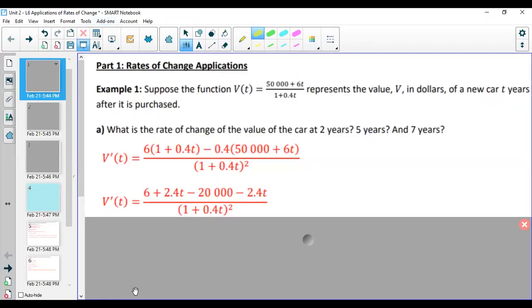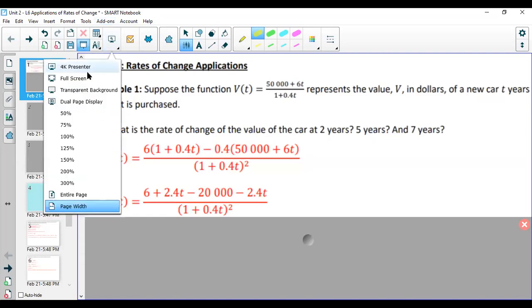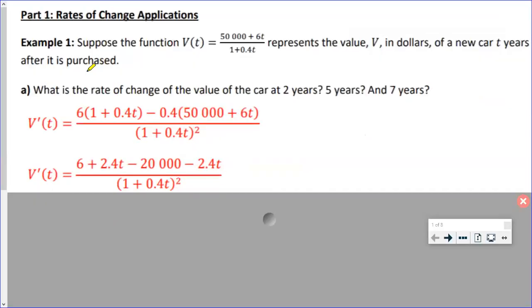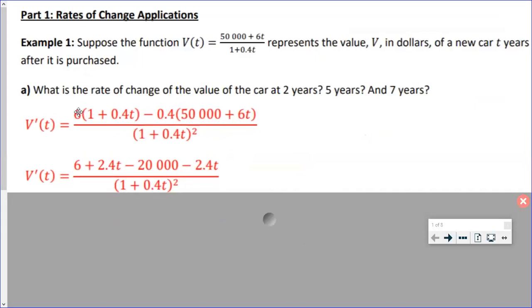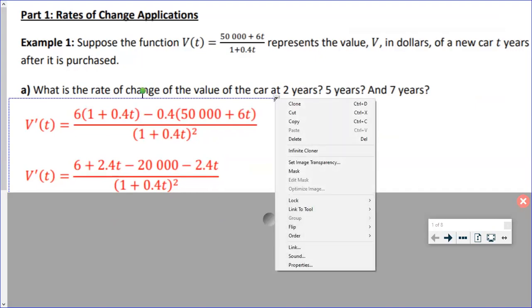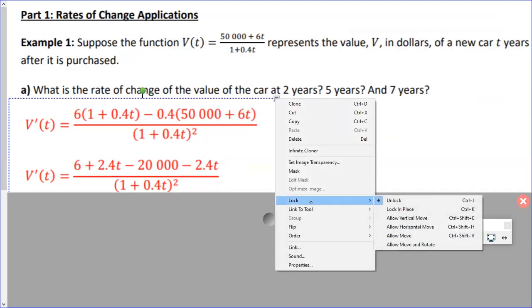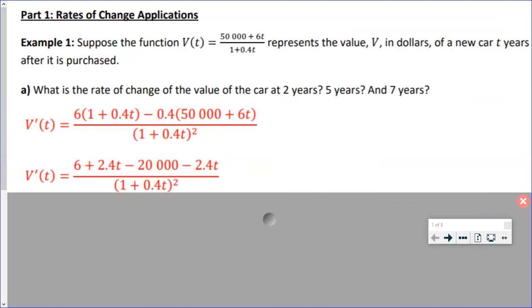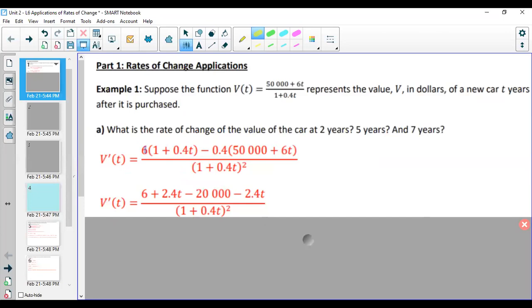So the next step, I go back to full screen mode. Let's lock that in place. Okay, highlighter doesn't want to work in this mode.